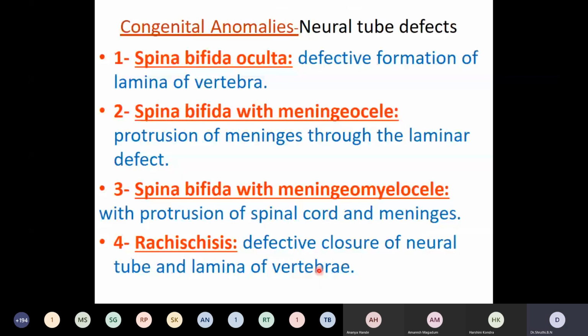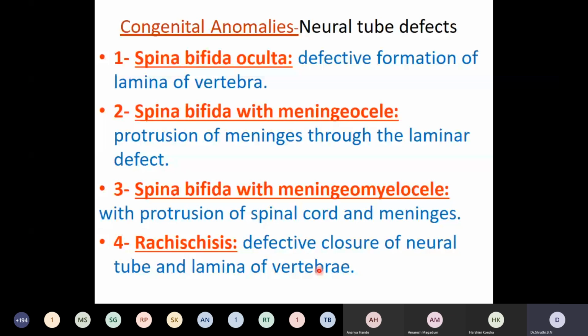As I told you, the neural tube defects, we commonly call NT defects. They are very common. It is due to the non-closure of the neural tube. It is the commonest birth defect. The important main factor for this is folic acid deficiency. Why is folic acid necessary? I think the biochemistry people have already finished their portion.